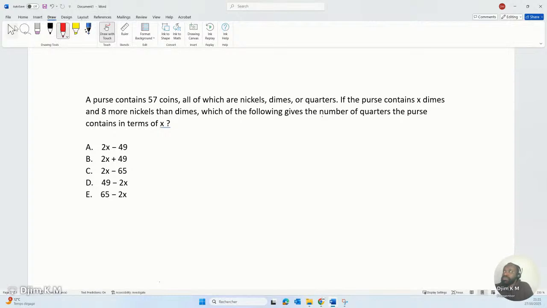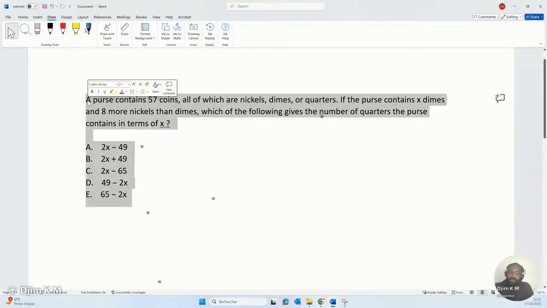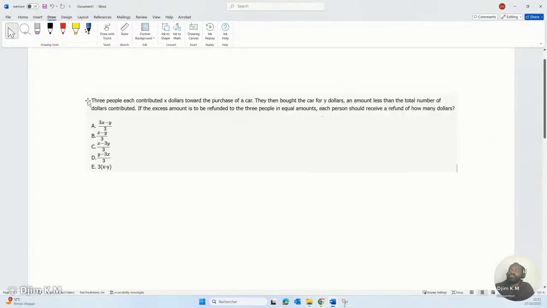Let me do this. Three people each contributed X dollars towards the purchase of a car.